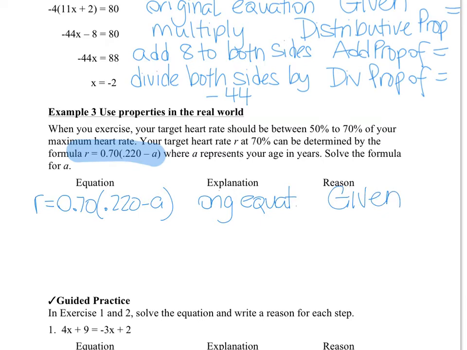So what's the first step? I'm multiplying here. You could either distribute it, which is one thing, or I think that's what I'll do. You could have divided by 0.7, but since we were doing distributive property, that's what I'm going to do.